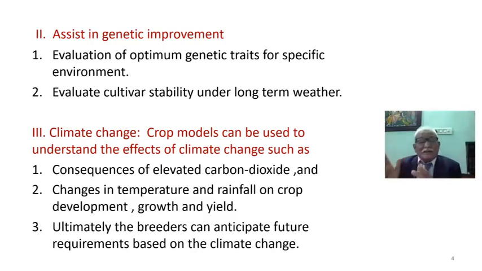Finally, what we want is yield. Changes in temperature may be in minimum temperature, maximum temperature, or temperature range. Whether more rain, less rain, optimum rain, or unusual rain occurs, what the final yield would be is known from the crop simulation models.